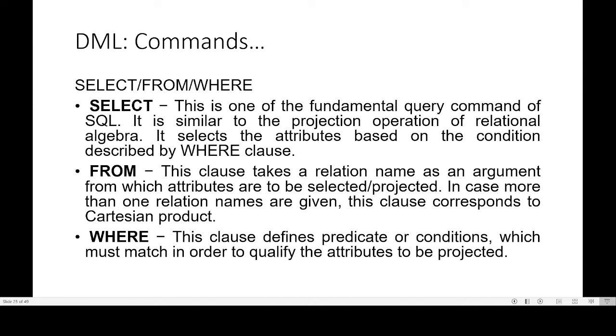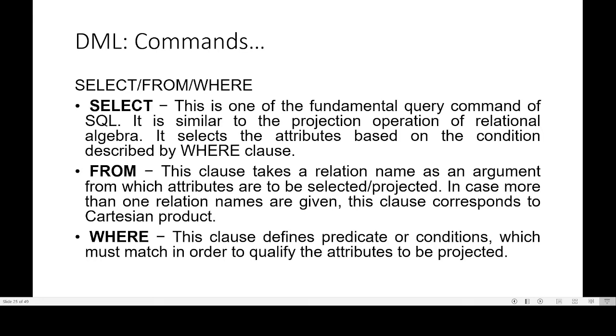The from clause is similar to the Cartesian product. Suppose we are giving select some columns, and from which table we are going to select, we have to define in the from clause. This clause takes a relation name as an argument from which attributes are to be selected or projected.